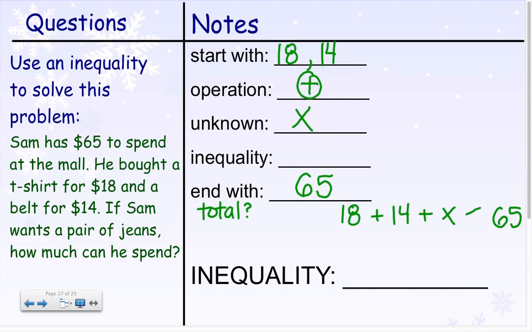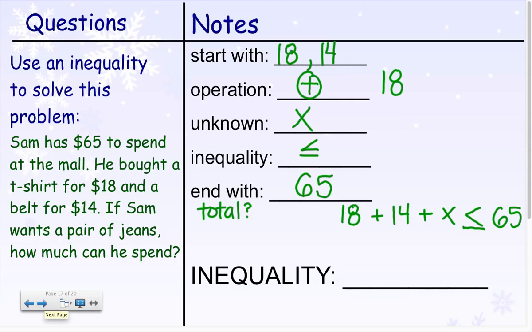So the amount I spend has to be smaller than $65. Then you've got to ask yourself, could it be exactly $65? Yes, it could. If I have $65 to spend, I can spend exactly $65 and I'll be okay. So here's our inequality. So then I'm going to add that inequality symbol in here.